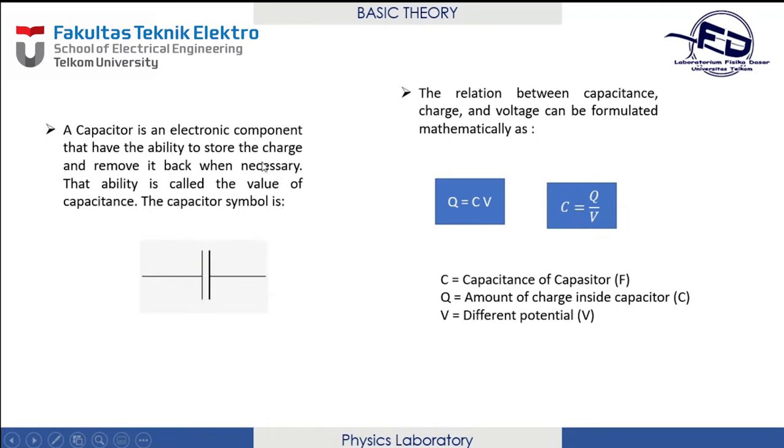So we know from this definition that the capacitor's function is to store charge, just like a bowl that can be filled by water, and we can use it anytime, whenever we want to use the capacitor, okay?